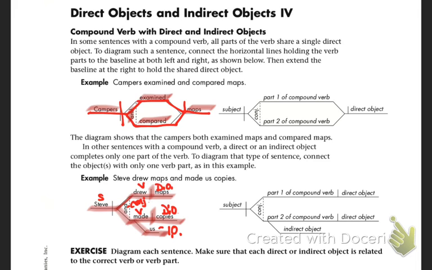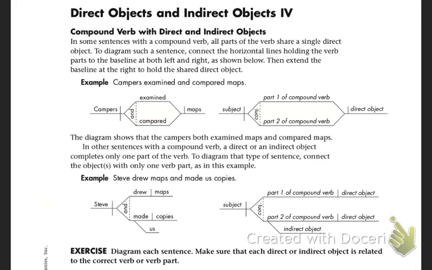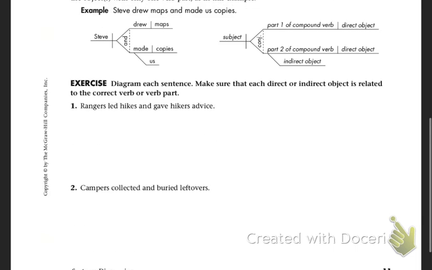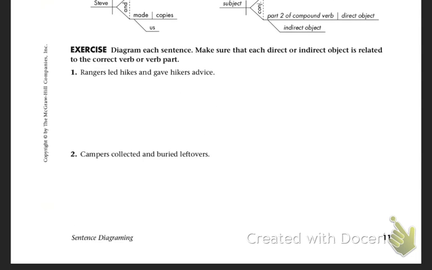Let's do the first one. Rangers led hikes and gave hikers advice. First thing that we need to do, how many subjects? One. We have rangers, right? So we need rangers. What did rangers do?